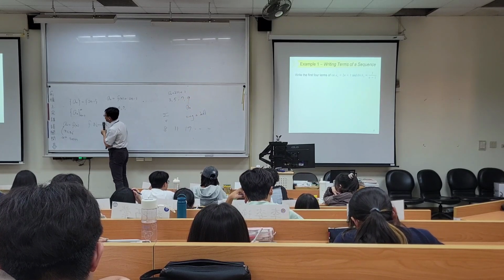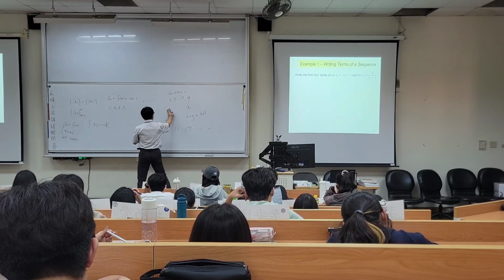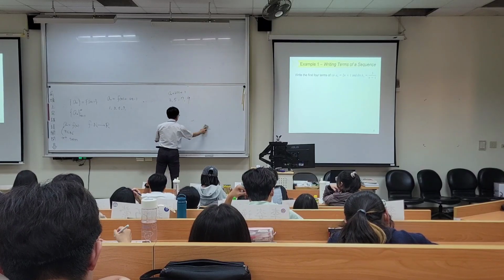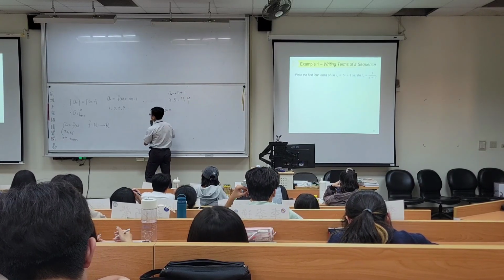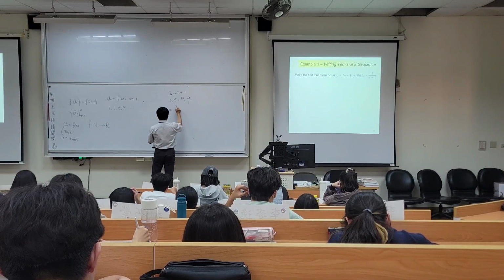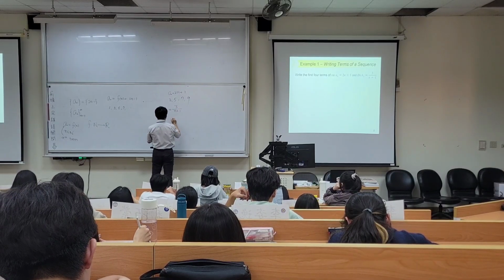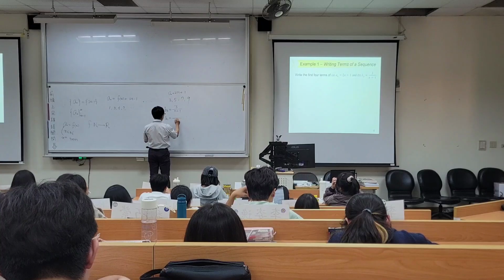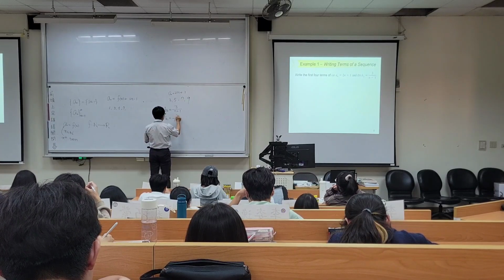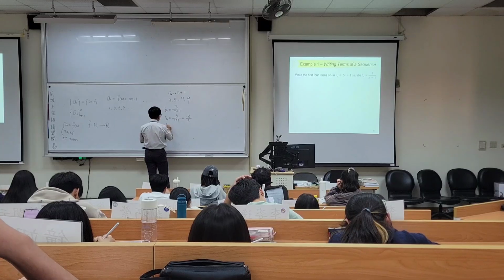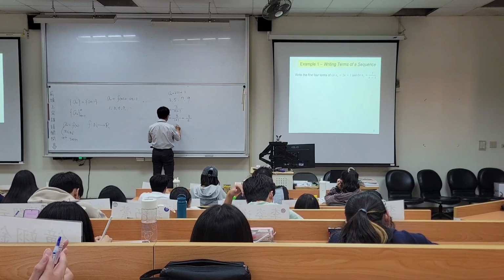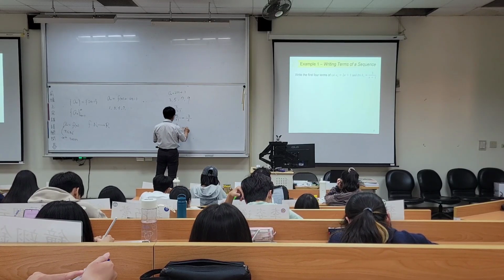And the second one, B sub n, is equal to 3 over n plus 1. So B sub 1 is 3 divided by 1 plus 1, which is 3 over 2. And B sub 2 will be 3 over 3, which is 1.